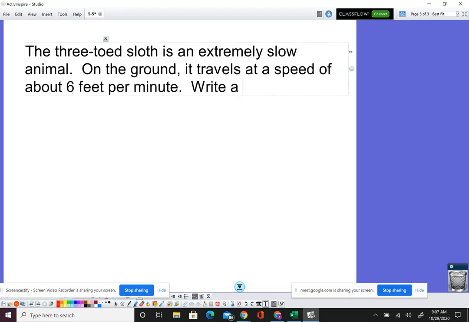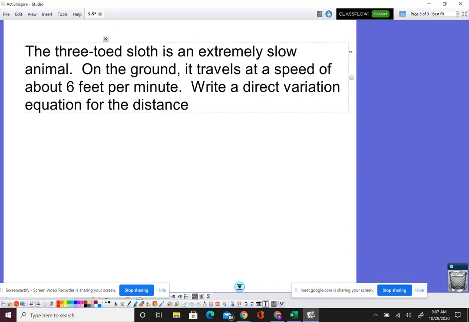Write a direct variation equation for the distance y a sloth will travel in x minutes, then graph it.